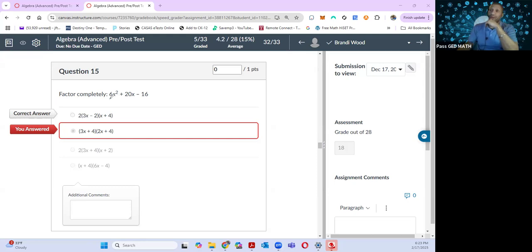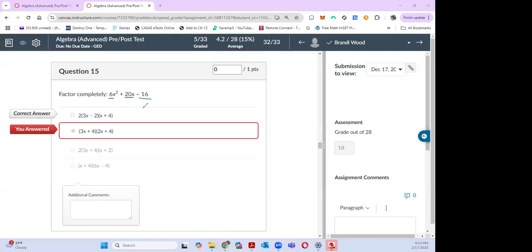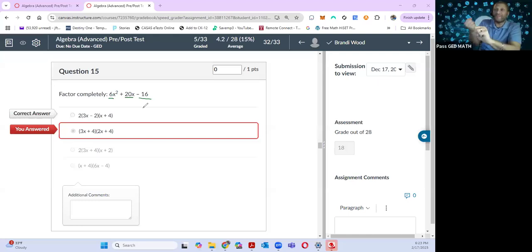So first of all, what I would do is you see that all the coefficients are even. First thing you realize you can do, you can factor out the greatest common factor. So 2 is a number that can go into 6, it can go into 20, it can go into 16. So if I pull a 2 out, I'm going to have 3x squared, 20 divided by 2 is 10, and minus 16 divided by 2 is minus 8.